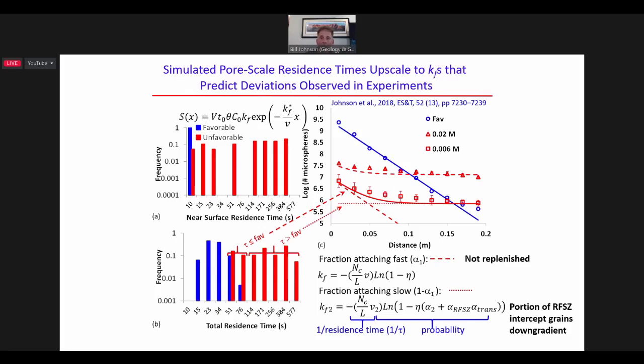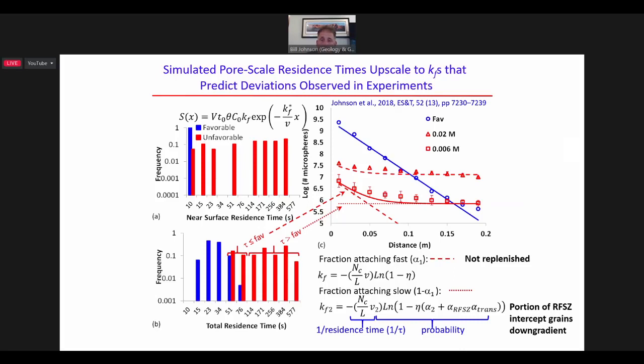And when we do that, we find that we can predict a fast attaching fraction and a slow attaching fraction that together give us this non-exponential or multi-exponential profile of retained colloids.